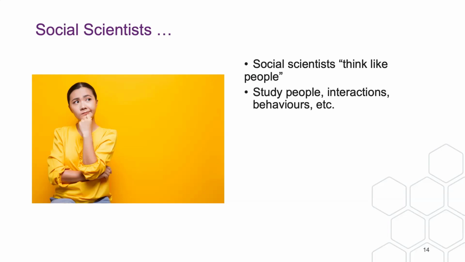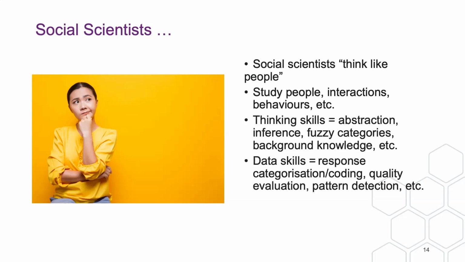And it's no surprise that they're going to need those human type thinking skills, because they're studying people, interactions, and behaviors, and that's going to require a certain skill set. But it is also important to note that social scientists build up a lot of data skills in the course of doing their research.